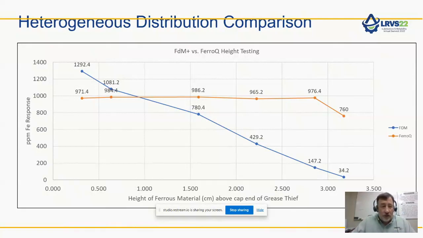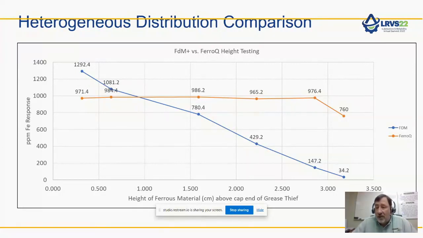So what you see here is that very clearly, with about 1,000 parts per million basically spiked into this sample, across from one end to the other, you can see that it's very stable. You only get a bit of a drop off from this FerroQ device near the very end. Right behind the piston, if there is a concentration of ferrous debris there, you'll have a little bit of signal drop off. But when you look at the other device, it's over reporting when it's down near the bottom, and at the end, it might be showing almost no ferrous content.